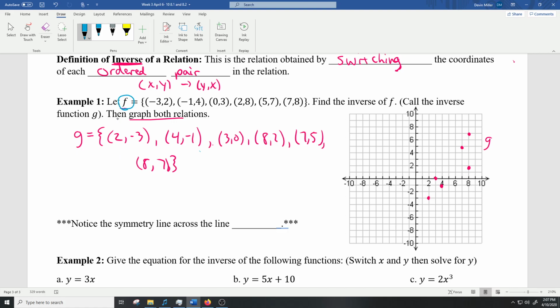Going through in order and graphing all these ordered pairs, we have (-3, 2), (-1, 4), (0, 3), which would be here, (2, 8), (5, 7), and lastly (7, 8). Hopefully I graphed them all correctly. So all of the blue is F.